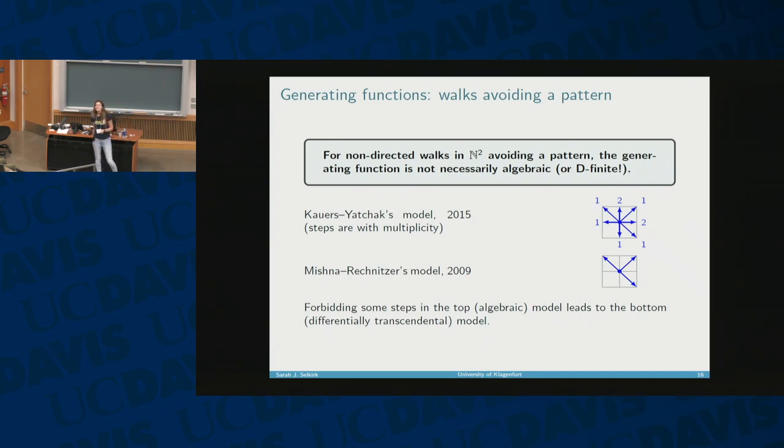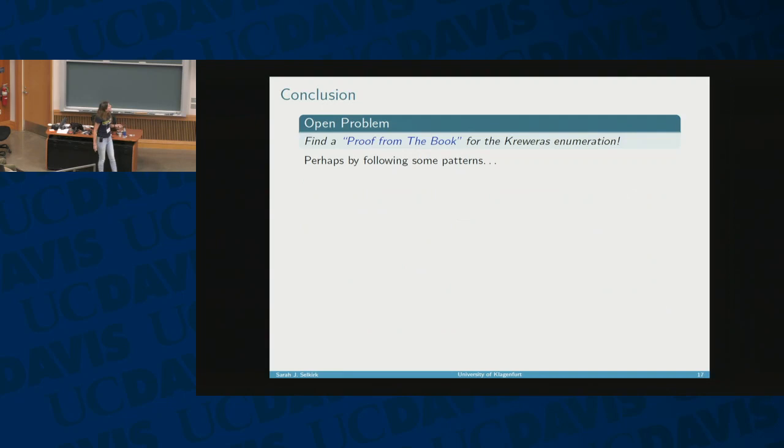In fact, this model is known to be differentially transcendental, which is the worst of the worst. So as you can see, there's quite a range that you can get with pattern avoidance in walks in the quarter plane, and this is definitely something that needs to be looked at.